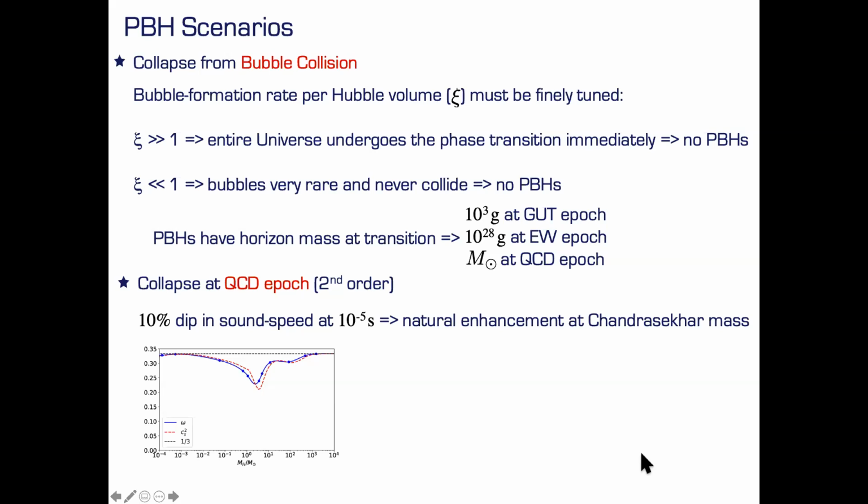During the QCD phase transition, which corresponds roughly to a solar mass, I would have a dip in the equation of state parameter. It's now here w. Sometimes there's a slightly different notation.